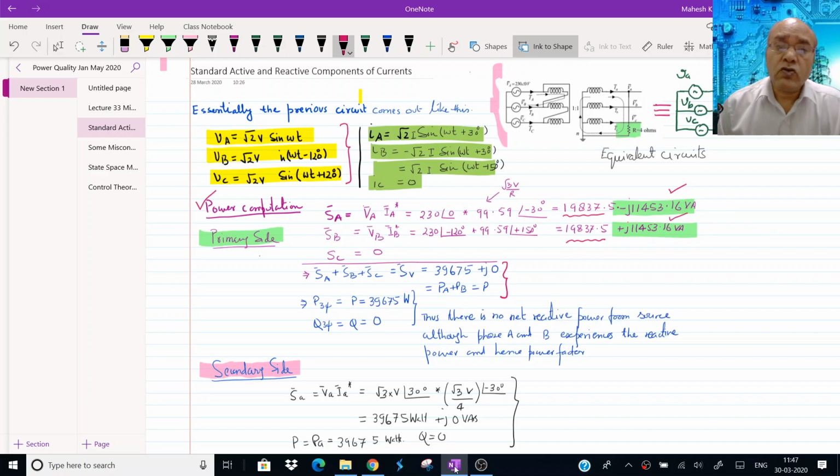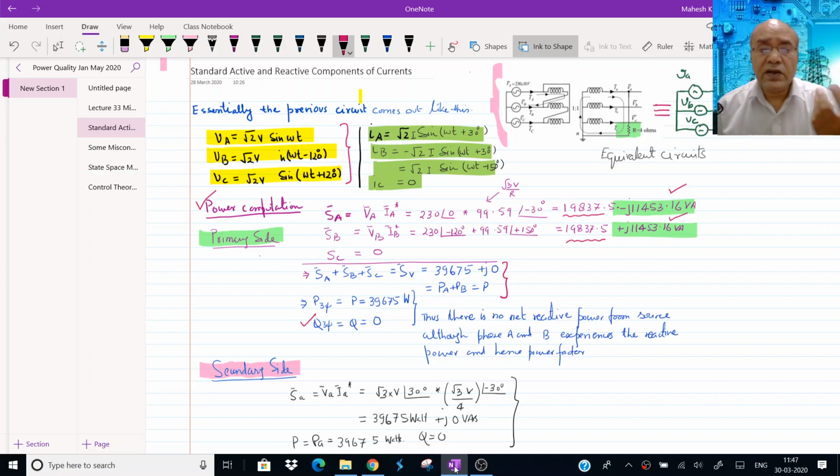Fine. So overall we can say the net three-phase reactive power is equal to 0, and three-phase active power equals twice the power of each phase, that is PA or PB because they are same. That is the 39,675 watts.